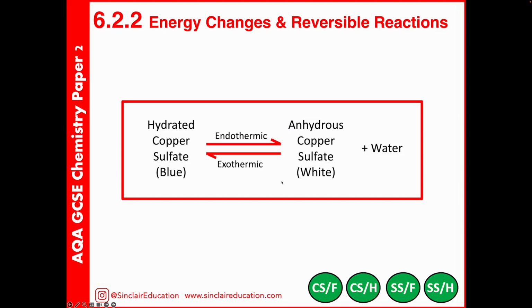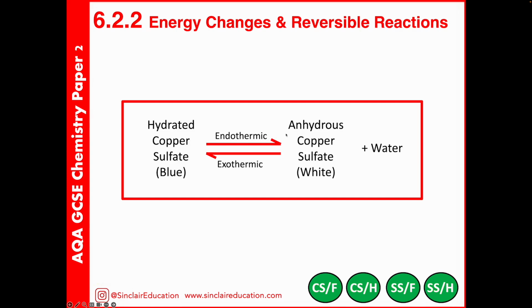So for example, here we've got a hydrated copper sulfate, that's blue, and we've got anhydrous copper sulfate, that is white. As a note to this, anhydrous copper sulfate is a really good test for water. If we think water is present, it will turn blue when it becomes hydrated. But one thing to notice, to turn the hydrated copper sulfate from blue to white is an endothermic reaction that is going to take in energy.